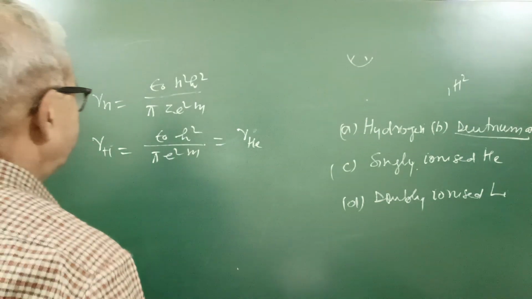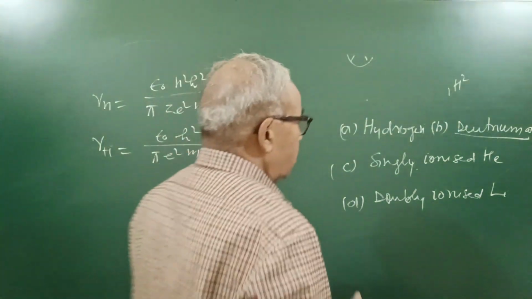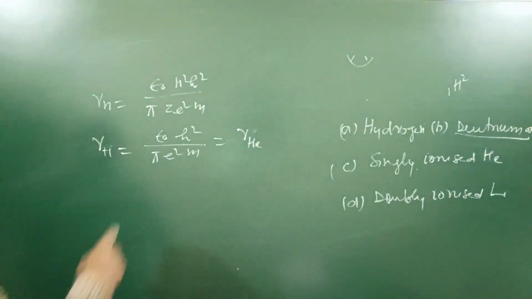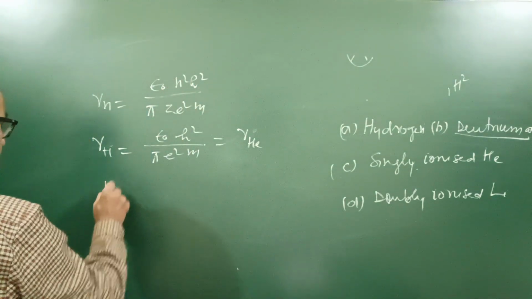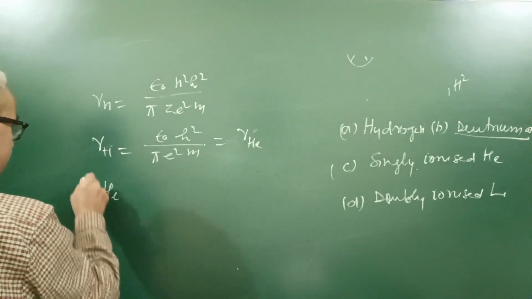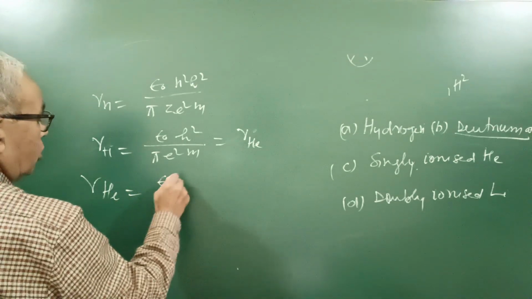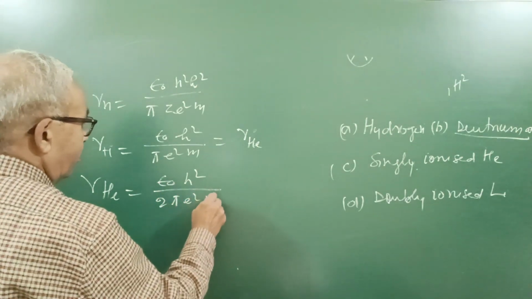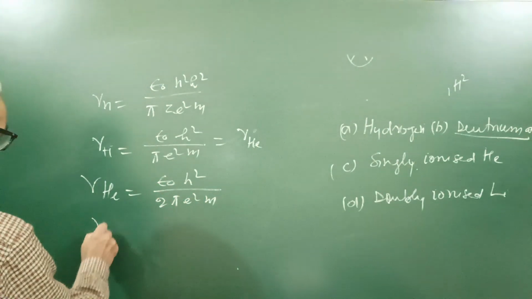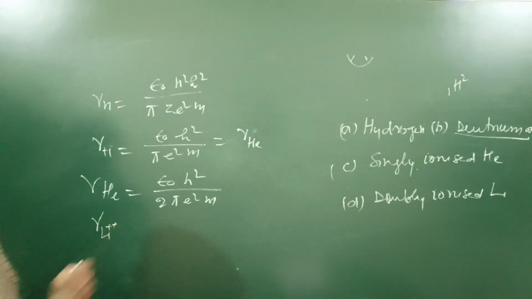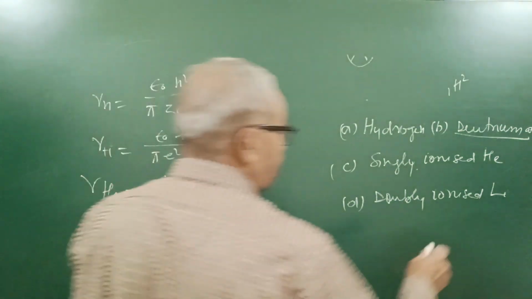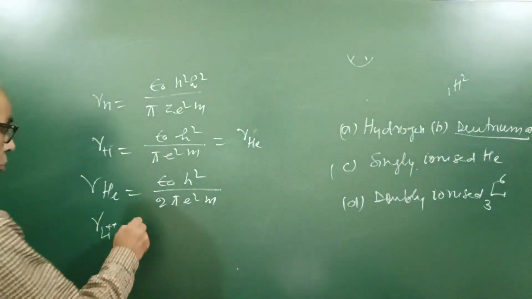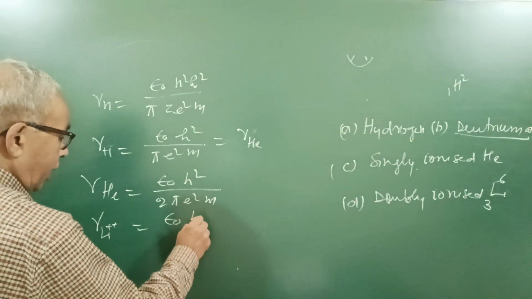Ionized helium, it has one electron but atom number 2, and सबका n वन ही है. For He first orbit, epsilon 0 h square upon 2 pi e square m.